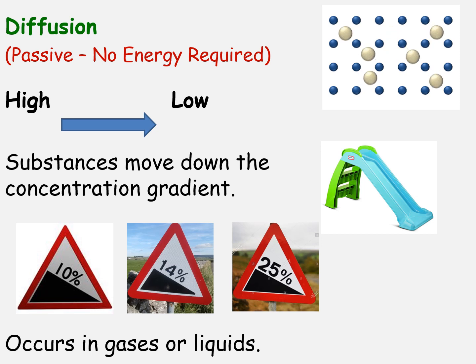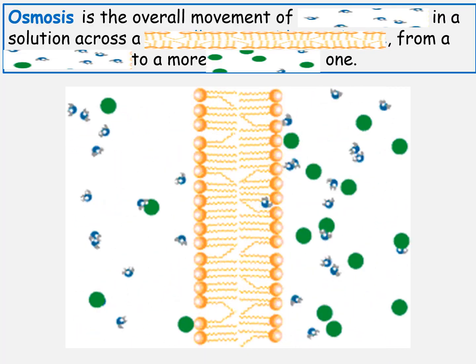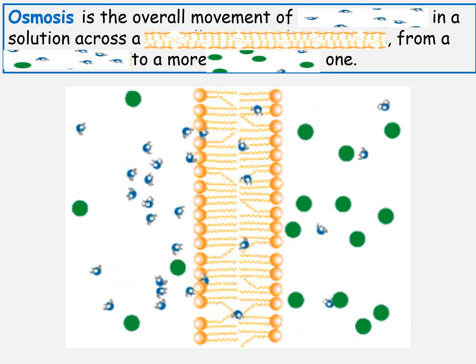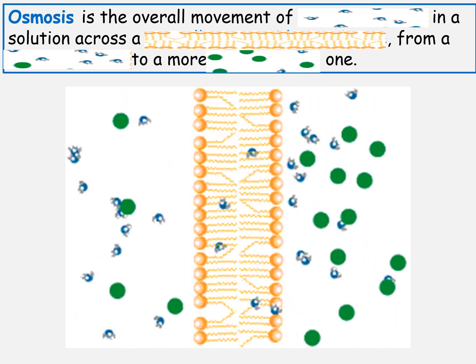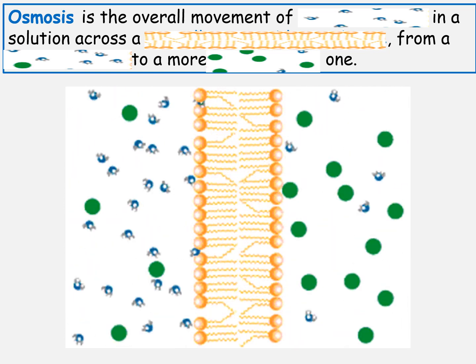Okay, so now moving on to a special type of diffusion. Okay, so this special form of diffusion is called osmosis, and it involves the movement of water molecules.